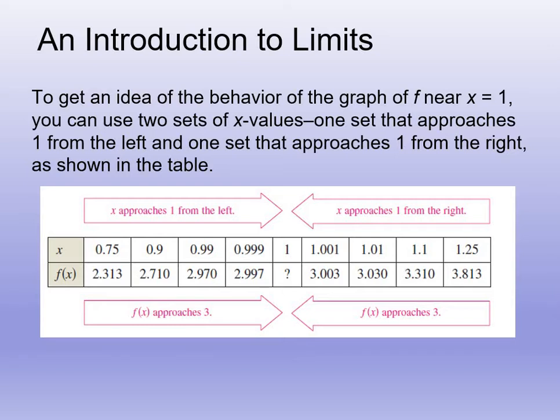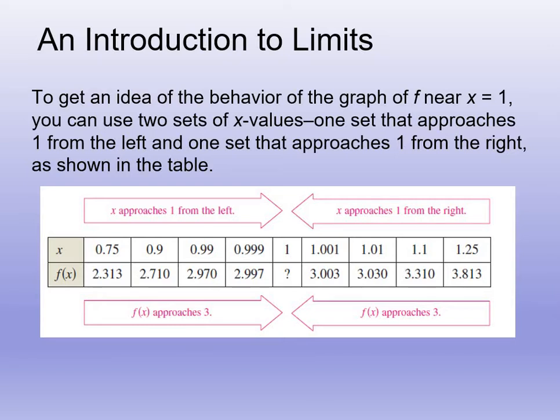Numerically, I want you to put values into x and get arbitrarily close to 1. We can't substitute in 1 into your equation, but you can substitute in 0.999, 0.99, 0.9.